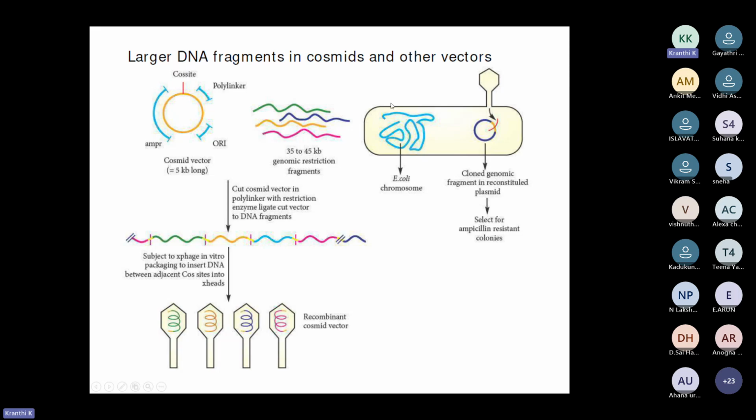Then once the replication is finished, the bacteriophage will get released. These are the recombinant cosmid vectors. Later the expression will be collected. Clear? I hope you know about bacteriophages. I think you might have studied them in intermediate. I'm not sure. But bacteriophage has a lytic phase and a lysogenic phase. There are two phases in bacteriophage development.